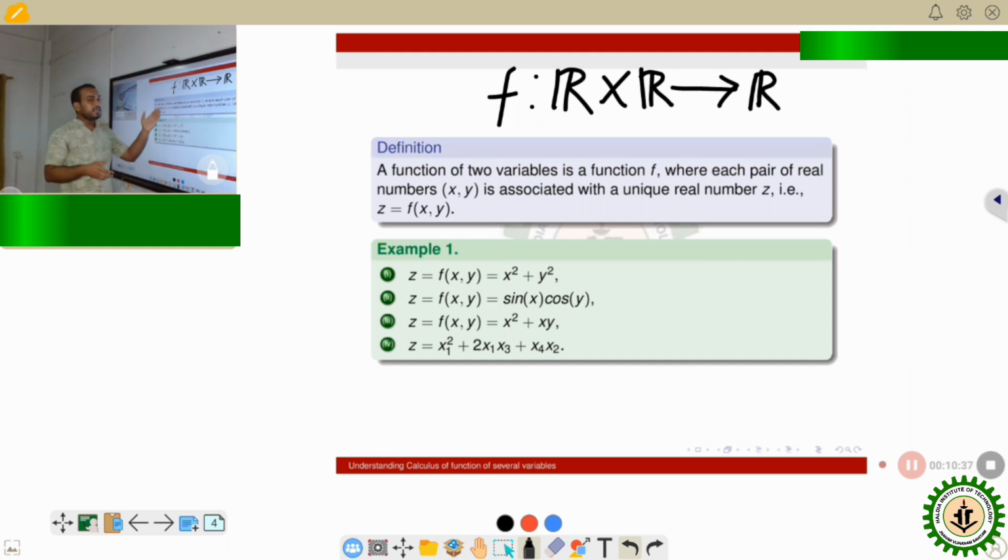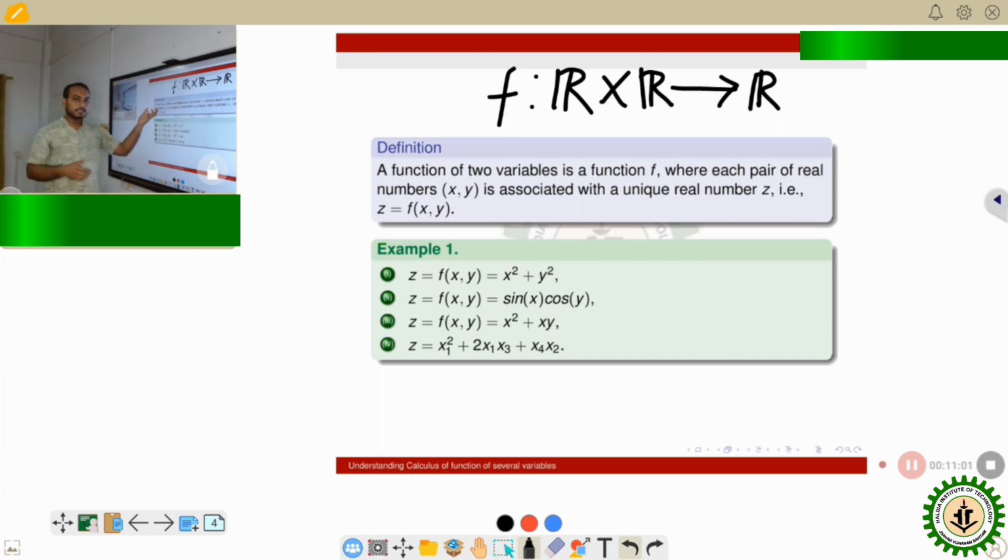You can extend these functions of several variables to 2, 3, 4 and up to Rn also. Then the domain of this function will change to R cross R up to n times. I am going to explain only the cases of 2 variables and 3 variables, and you can extend that same notion and terminology to a higher number of variables also.